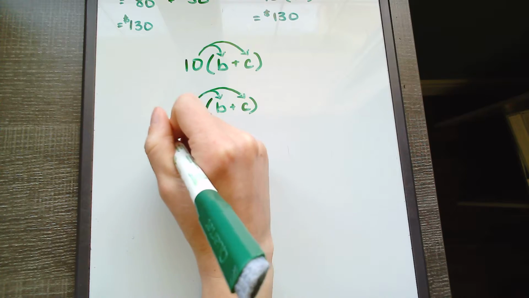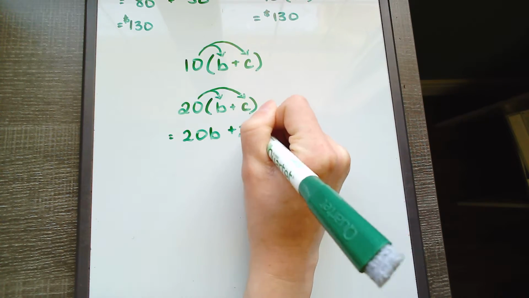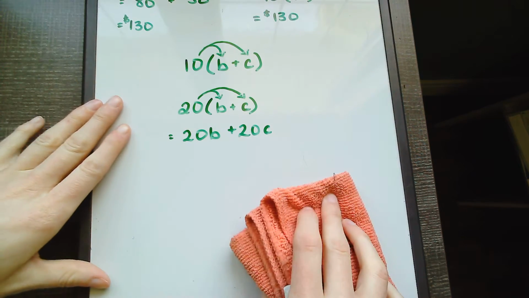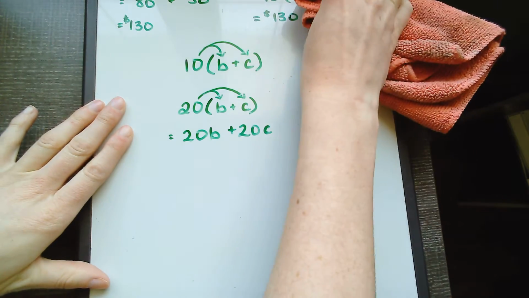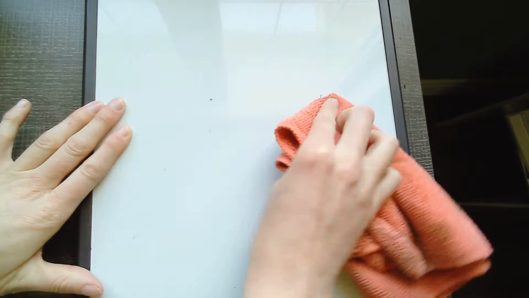So I would get 20B plus 20C. We're going to do a few examples that show you how we use the distributive property to write things and to solve different types of situations. So I'm going to get rid of this and we are going to go into the first example.